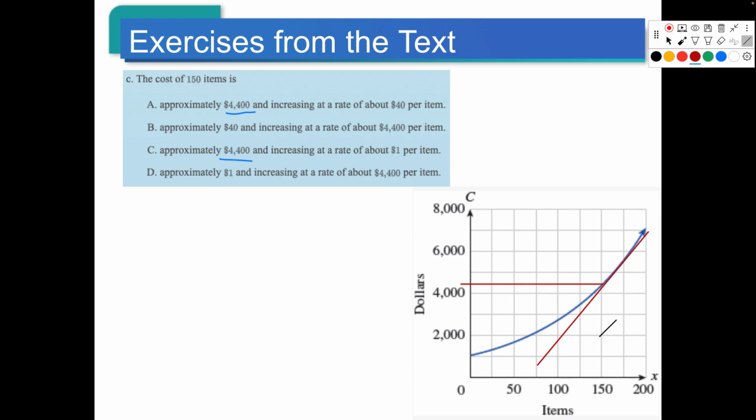So they'll give you those big differences. Again, you could choose different points, but I would choose maybe two points here and here, kind of estimating. Yes, it's closer to 40 than to 1, so we'll go with A. Okay, so far so good.